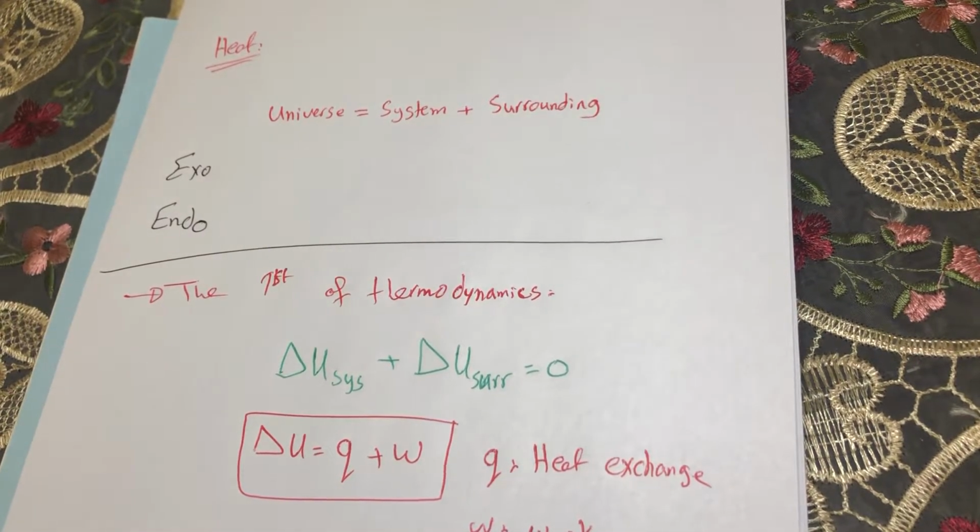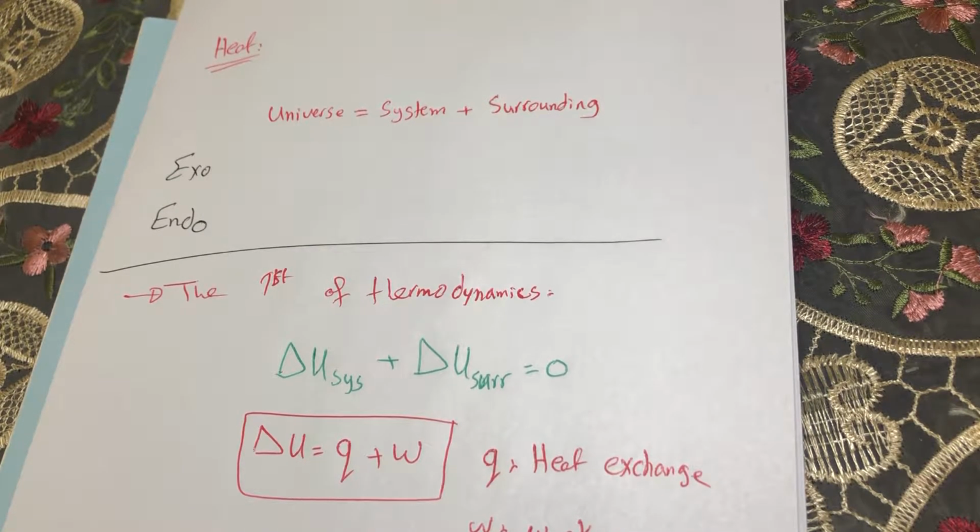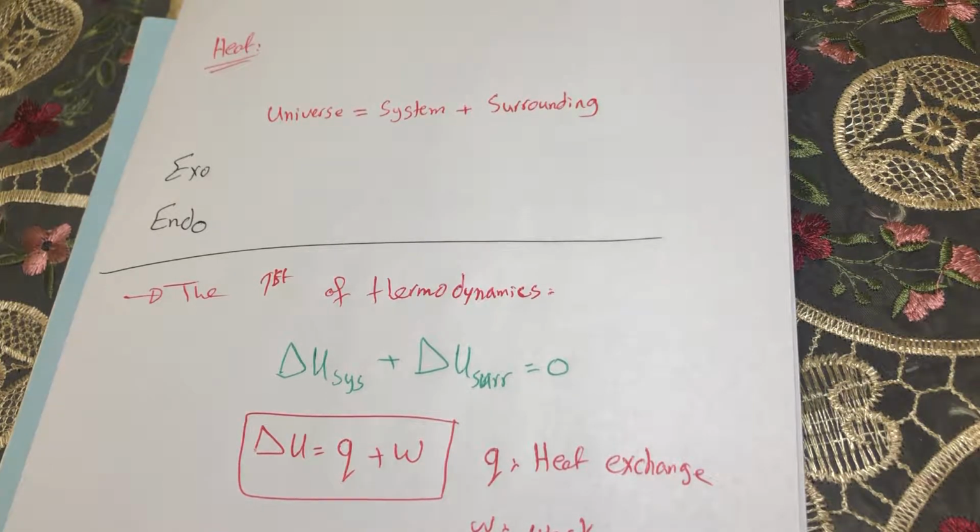So again, Q is heat exchange in volume and W is the work. So we have good information for the signs of Q and W.